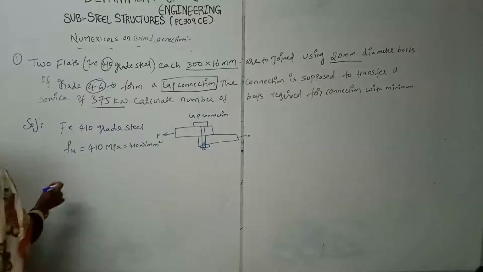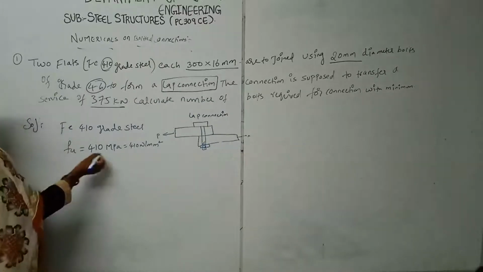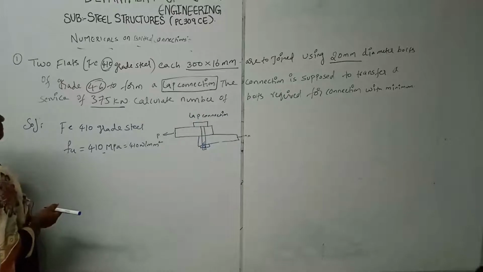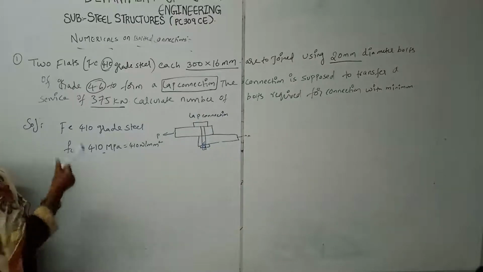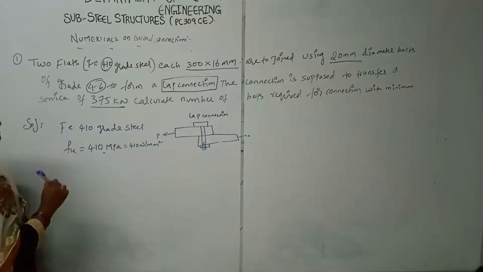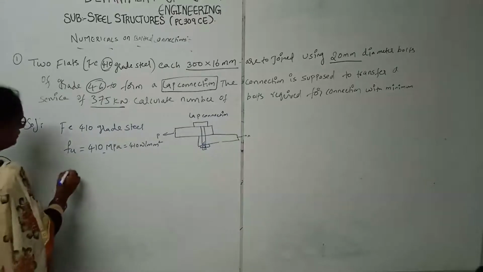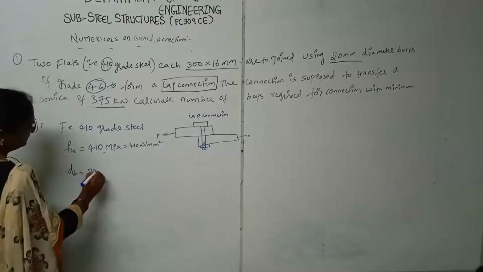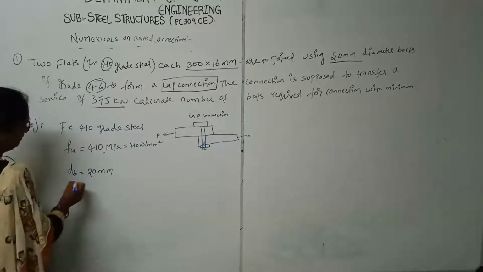Fu is 410 and you have 300 by 16 mm plates, breadth and width, and there you have 20 mm diameter bolts. So obviously d will be 20 mm.